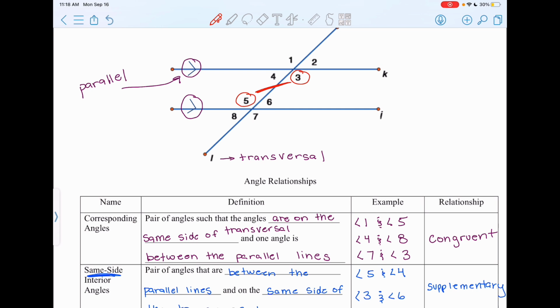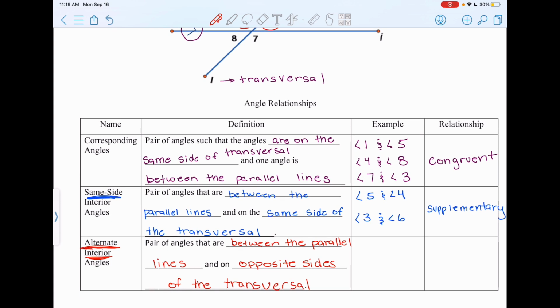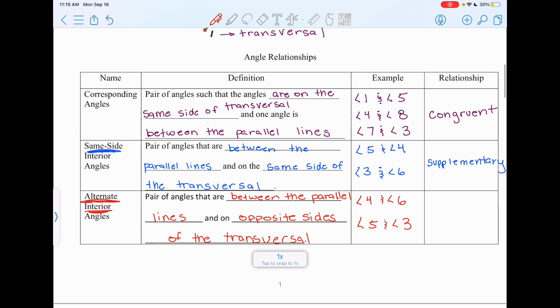So notice how 5 is on the bottom while 3 is on the top, and they're both in between the parallel lines. So angle 5 and angle 3, and angle 4 and angle 6. Those are also alternate interior, on alternate sides of the transversal, and in between the parallel lines. And alternate interior angles are congruent. They have the same measure.